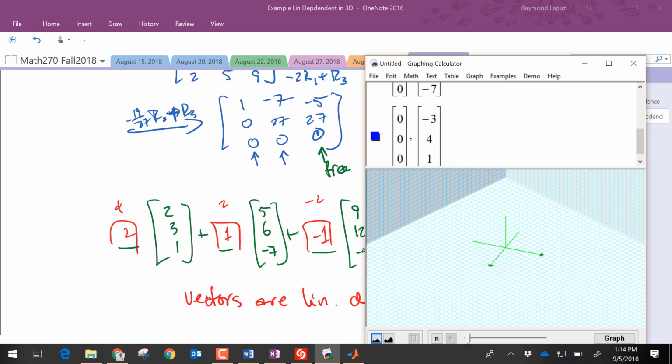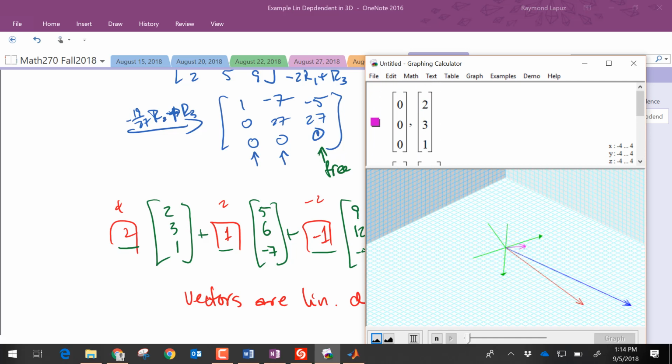And our last one is... it's hard to see, but if you look at it at the right angle, you can see that they're in the same plane. But let's actually find the equation of that plane. The way I'm going to do this is I'm going to write a parameterization of these vectors.